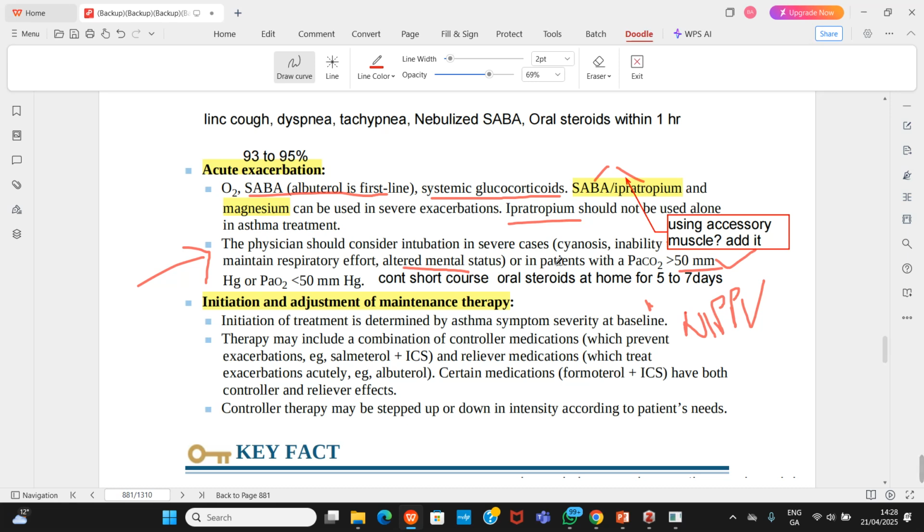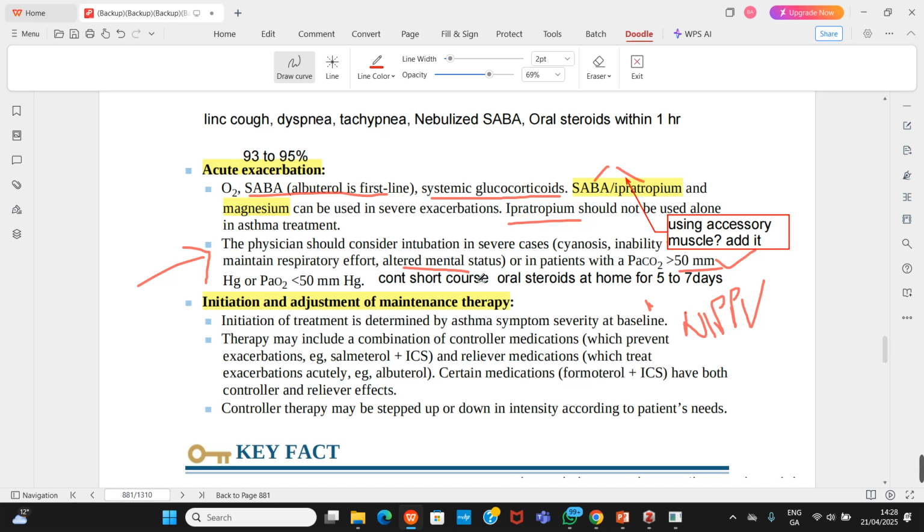But now, the person having altered sensorium, you will not do NIPPV because their airway is not protected with the mask. They can aspirate. So you want to intubate them. Or maybe there are burn injuries on the face that you cannot apply the face mask to. You want to do intubation in that setting. So if there's any problem with the face or there's any problem with maintaining the airway, maybe from altered sensorium, you want to do intubation.